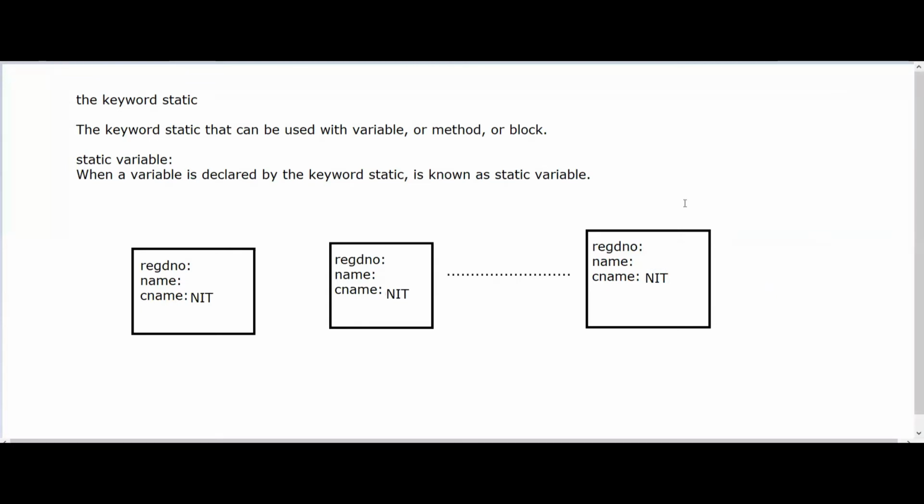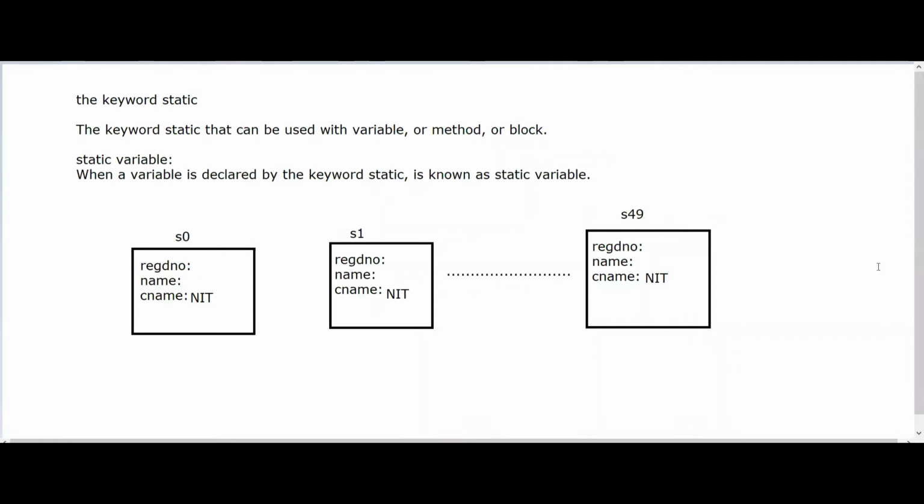So here we will observe. Suppose this is one student object, let it be S0. Let this be S1, dot dot dot, and this is S49.